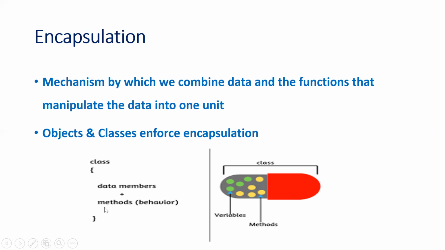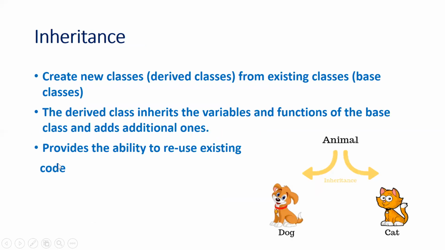So it is capsulized in a way, so it is called encapsulation. Objects and classes enforce encapsulation, so that we can hide some classes or objects from other users who do not have permission to see or access this information.